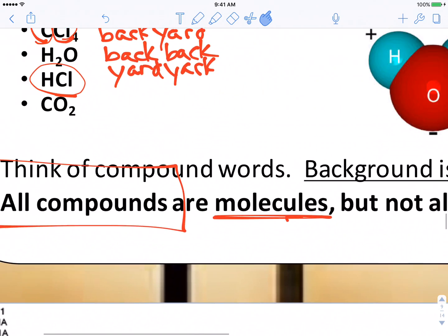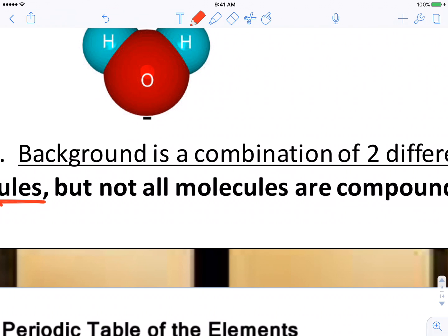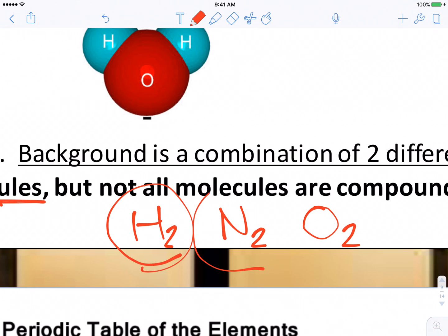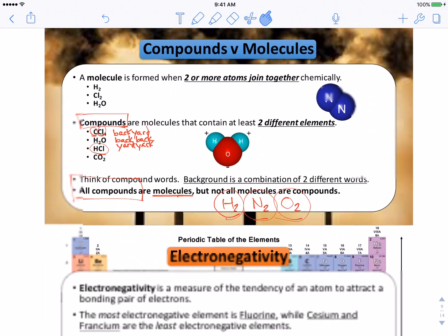But not all molecules are compounds, because a molecule could be H2, it could be N2, it could be O2, and what you're seeing is you have 2 atoms, but they're the same element. Those are only molecules.